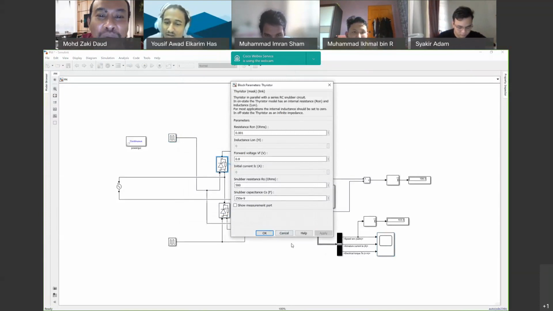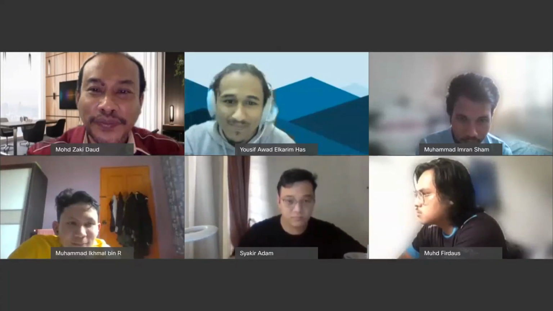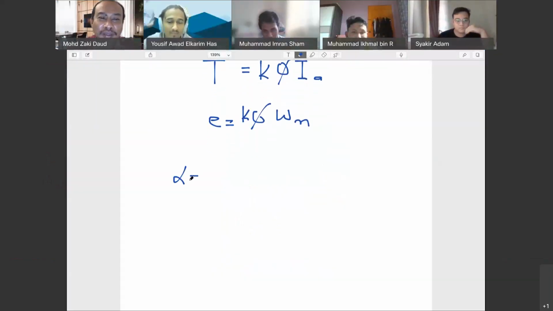No, I want to see the waveform, like this is a full wave, right? I want to see the output from here. Okay, maybe you don't understand what I mean. I want you to show alpha equal to 36 degrees right now.